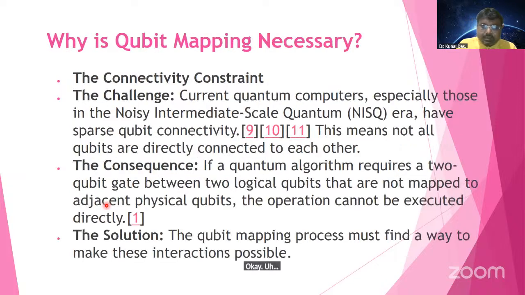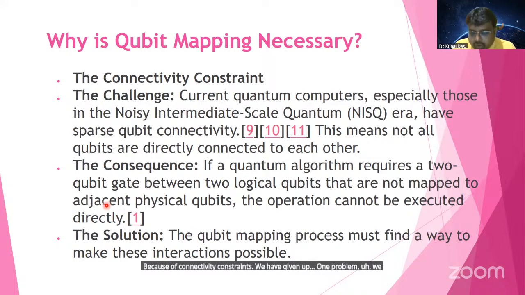Now let us go for why qubit mapping is required, or why this embedding is required. Because of connectivity constraints, we have a problem.